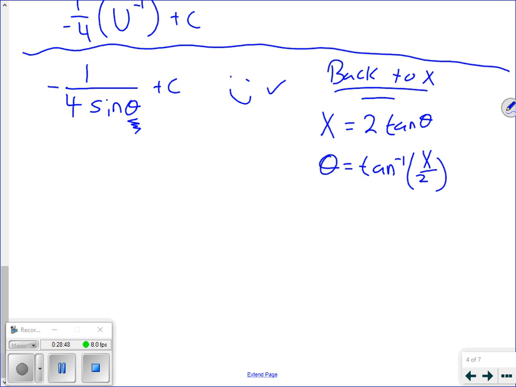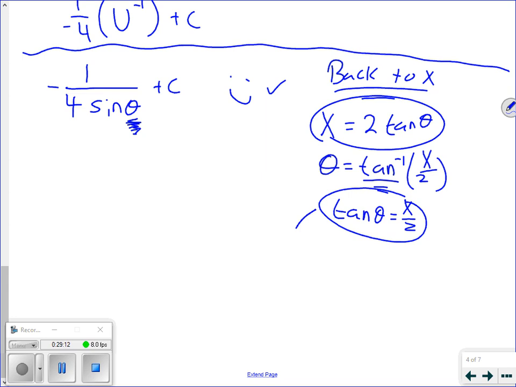But the thing is that there is no just single theta to plug it in for, so I can't plug tan inverse into a sine function. It doesn't work that way. So I'm going to have to use the fact that tan of theta equals x over 2.